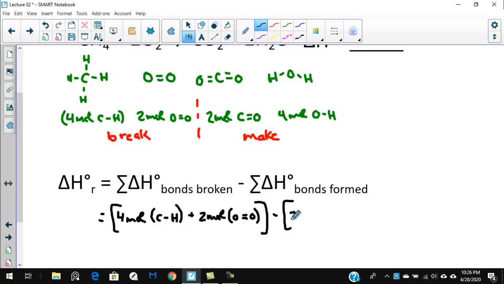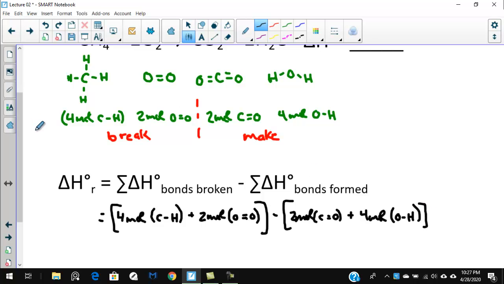So we're going to get some energy back because we're going to make 2 moles of C double bond O. Oops, sorry, wrong bracket. 2 moles of C double bond O plus 4 more moles of O-H.